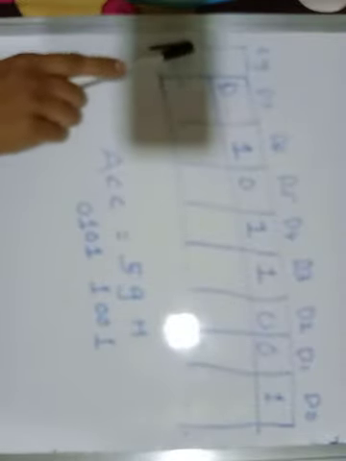Put that bit pattern into the flags. According to this instruction, you are going to place the bit D0 into the bit D7. This bit D0 will go into D7 as well as into the carry.